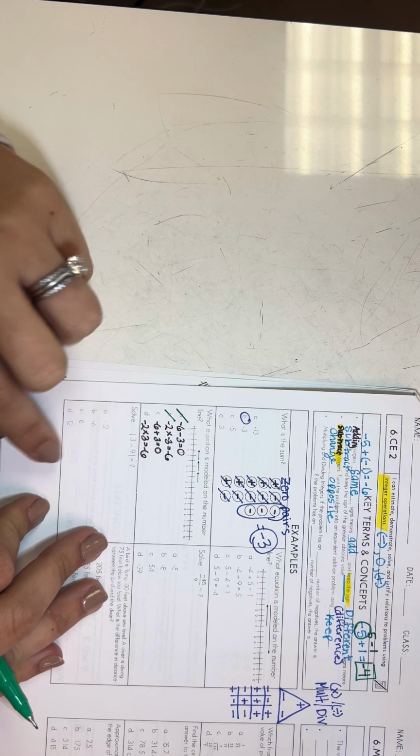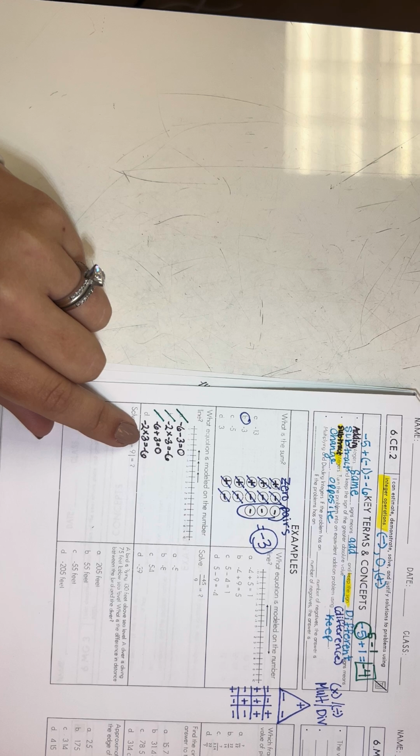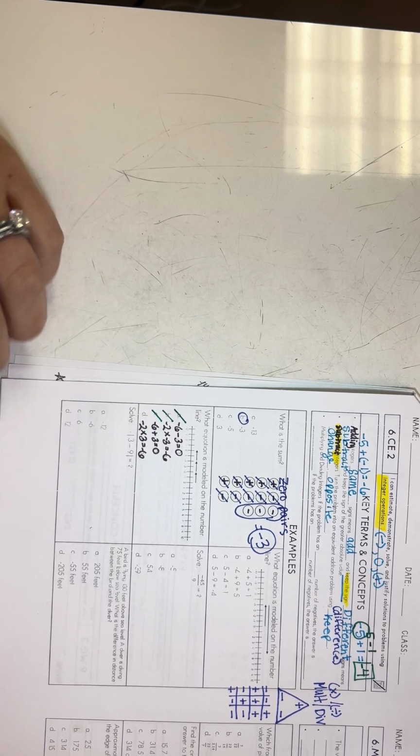No. Cross it out. Negative 2 times 3 equals negative 6. Yes. That's the only answer that was even mathematically true. We didn't even have to know what the model meant to get the answer correct. So sometimes read your answer choices, scan them through, and try to cross out answers.